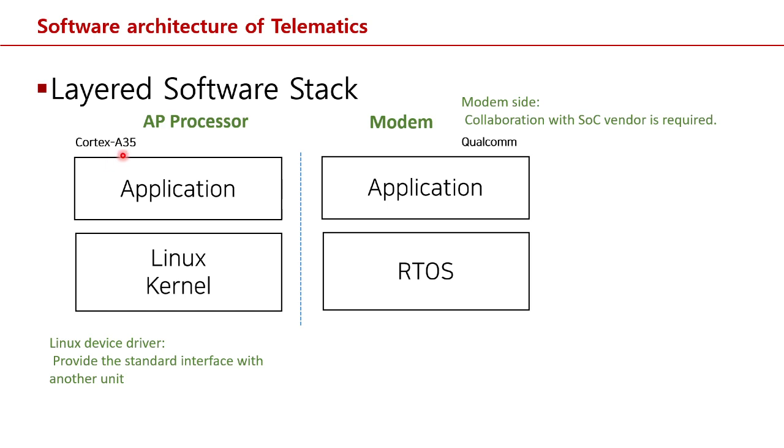Instead, it is not a popular processor in the IT industry, but in telematics systems this processor can be popular because the main job of the AP processor is only communicating with the modem processor, and most of the drivers in the AP processor do not require high performance, like a Cortex A78 or Cortex A76 processor that guarantees high performance.